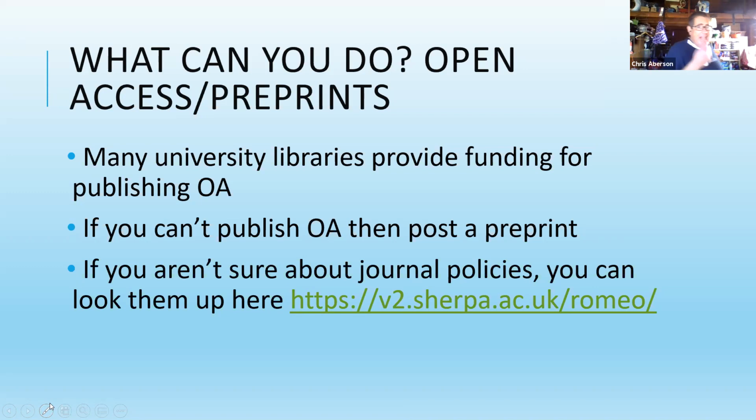In the meantime, if you can't publish open access, if you don't have the funding for it, I certainly do not encourage you, unless you have lots of money lying around, to pay open access fees on your own. It's about $3,000. If you can't publish open access, make sure to post a preprint. Every journal has to allow you to post your submitted version of your manuscript. The reason being is that you didn't sign over copyright on that submitted version. That's yours.